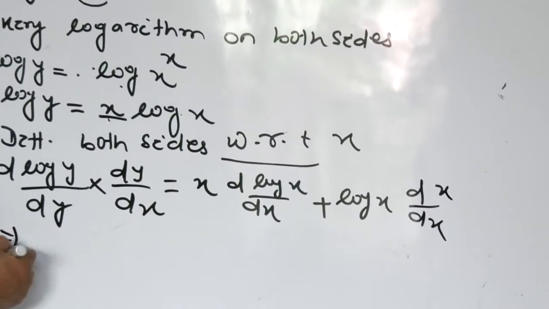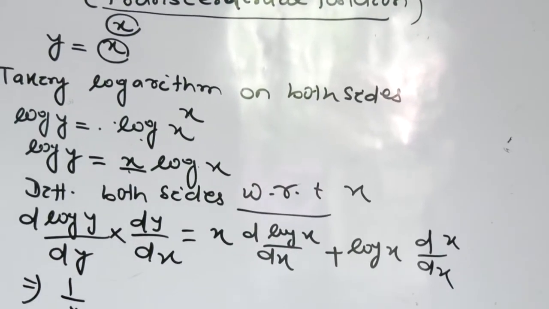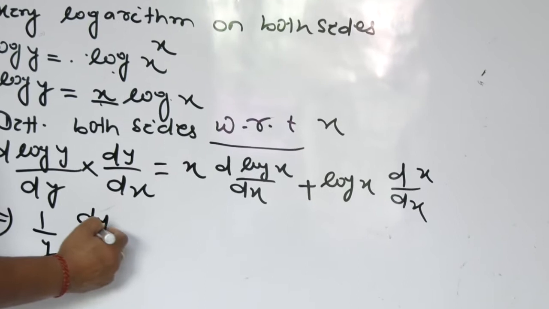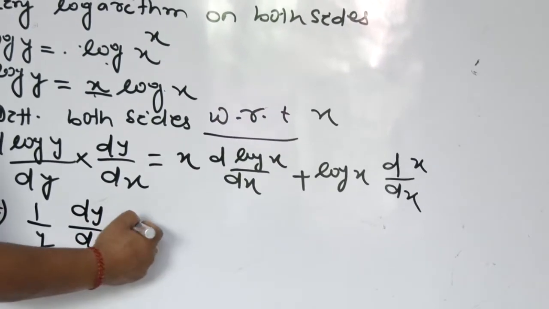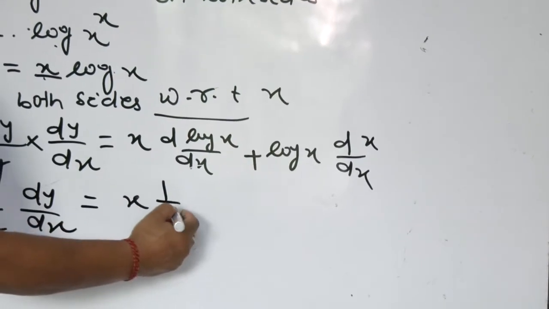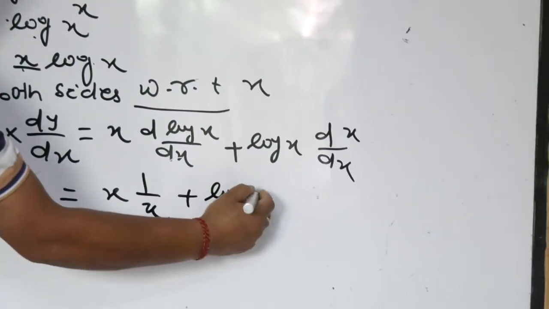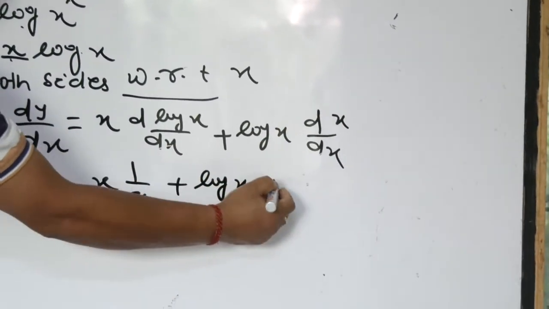The derivative of log y with respect to y is 1 by y, and here dy by dx, that is equal to x times the derivative of log x, 1 by x, plus log x times the derivative of x, which is 1.